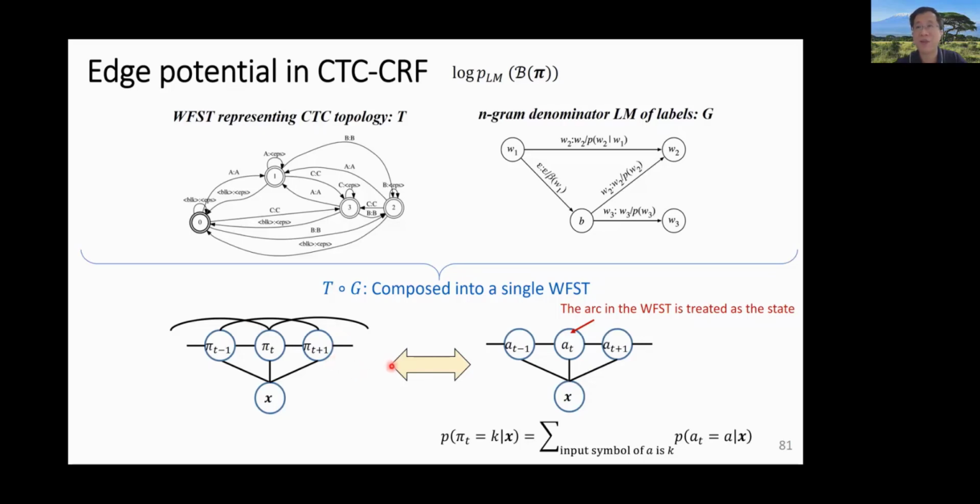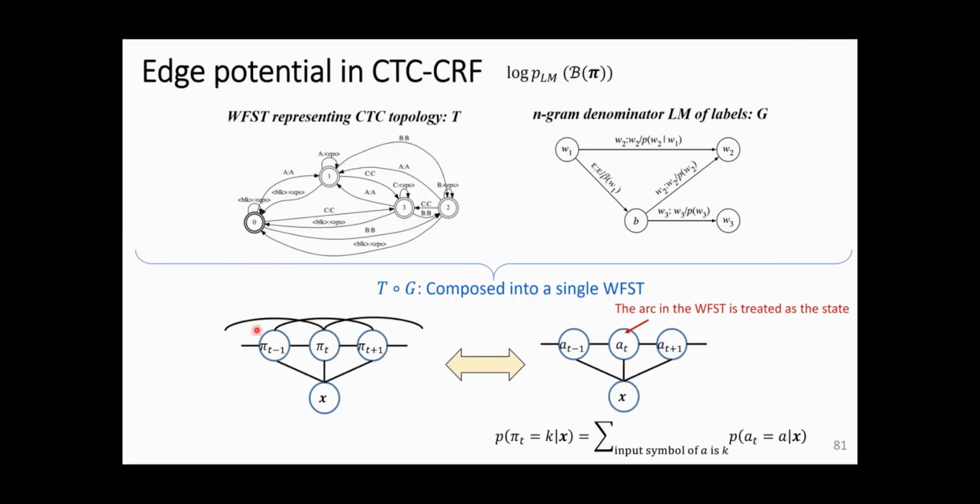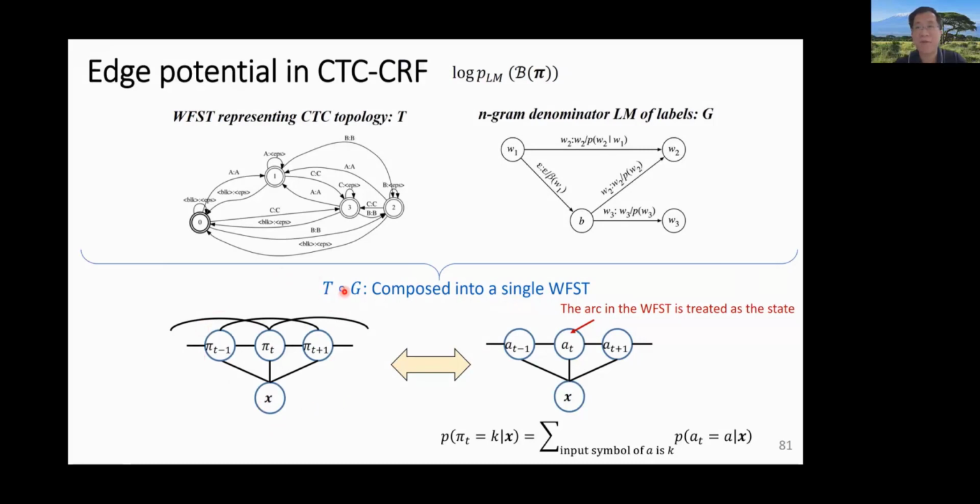The idea is to take the arc in the WFST as a state, so that this CRF can be seen equivalent to a chain CRF, and the occupation probability needed in training can be calculated from the occupation probabilities of the arc by running forward and backward over the WFST.